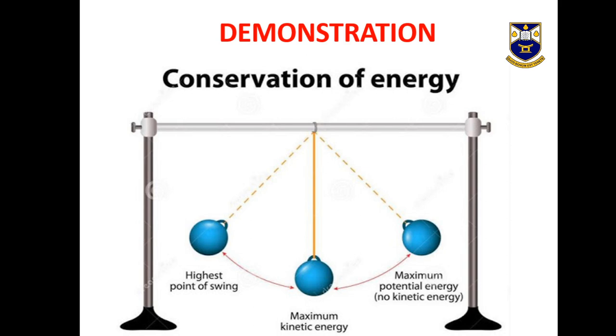These are other ways by which you can explain this to your students. Now, the law of conservation of energy allows us to interpret how gadgets, especially electronic and electrical gadgets that we have in our homes, function.